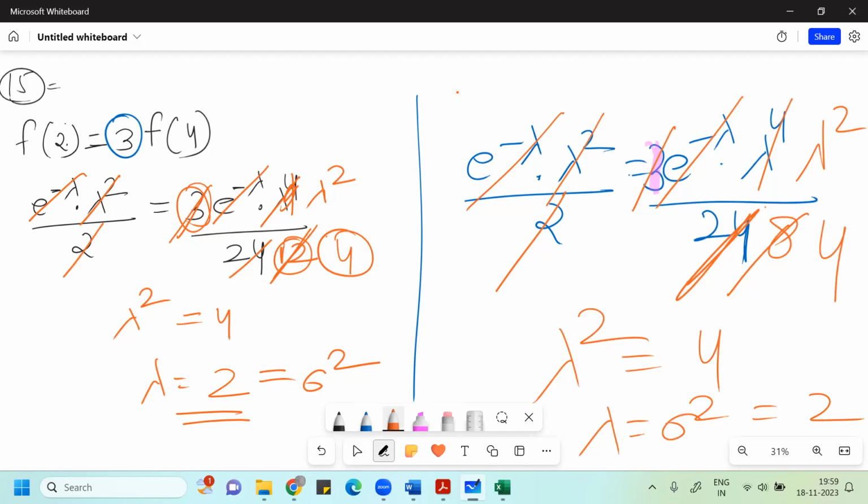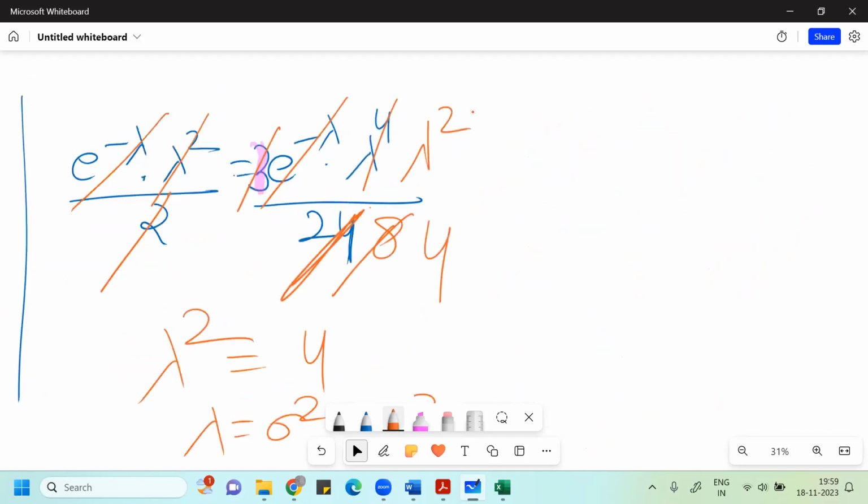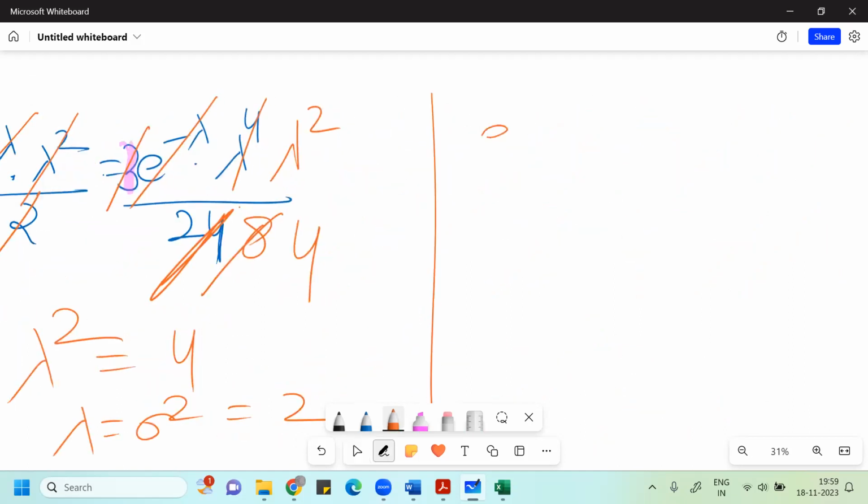Yeah, Chandan, ask. Sir, it is 2 factorial, no, sir? This 2 side factorial is 2, na Chandan? 4 factorial from that side, no, sir? 4 factorial Chandan. e to the power minus lambda into lambda square by 2 factorial is 2. 3 times of e to the power minus lambda into lambda to the power 4 by 4 factorial. 4 factorial is 24.